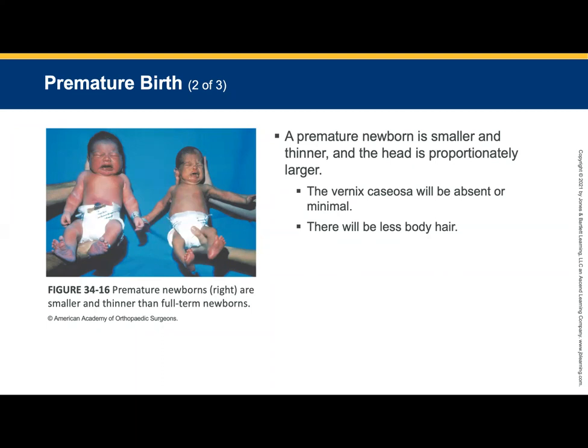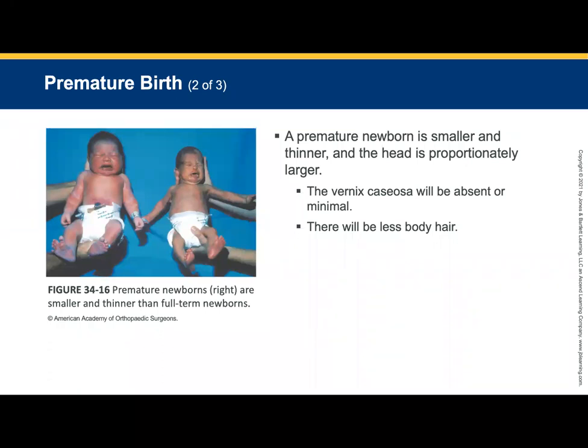I will tell you, generally, they do not like to take white males earlier than 36 weeks because they do not form the surfactant in the lungs. The body does not produce enough surfactant for young little white males before 36 weeks.